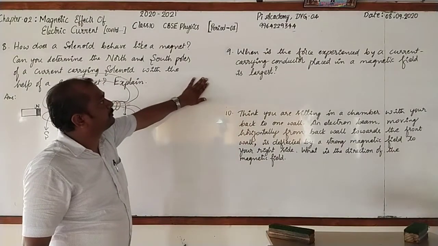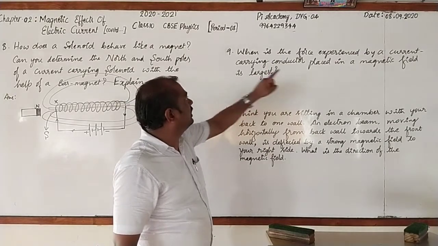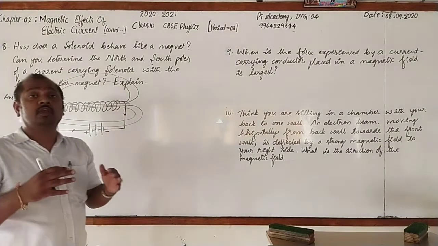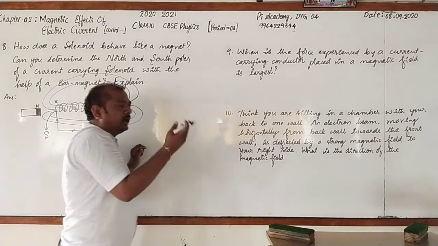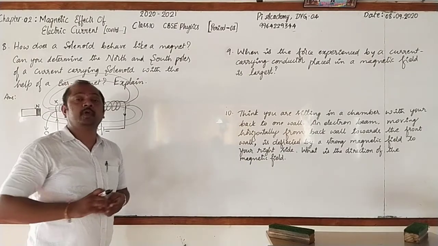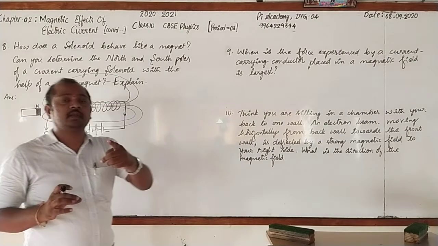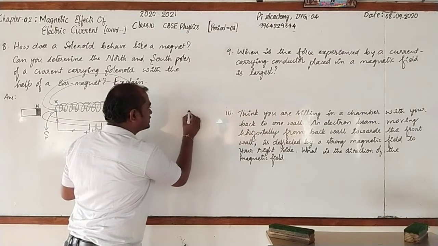Observe it. See, when is the force experienced by a current carrying conductor placed in a magnetic field largest? Students, then you have to recall one of the experiments where the mechanical force is studied when the current carrying conductor is kept in the magnetic field. Just observe here.